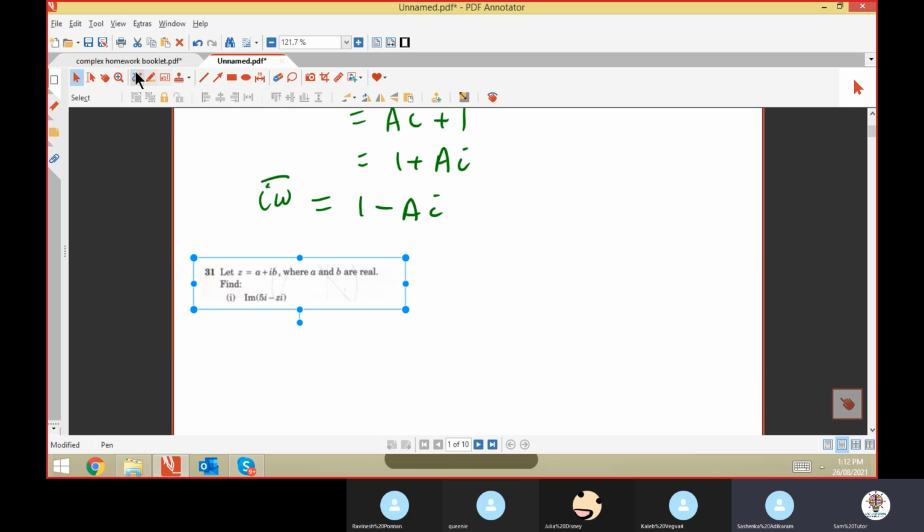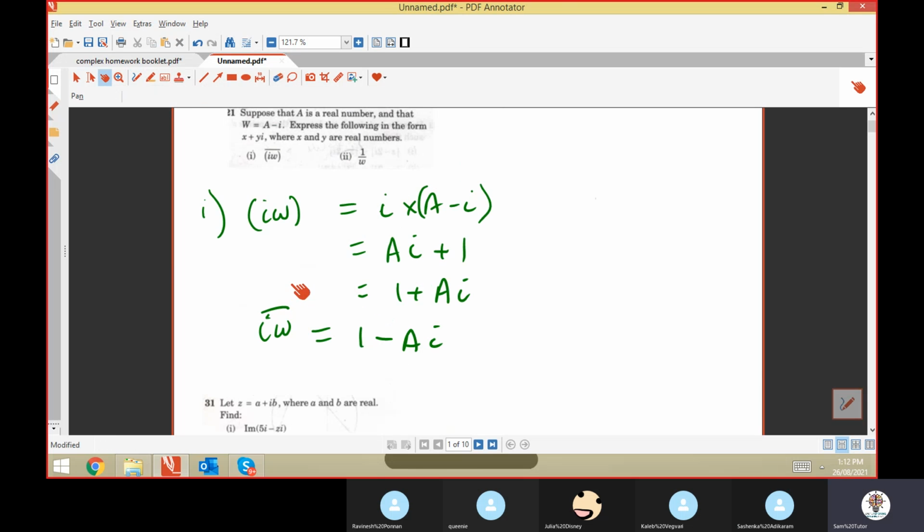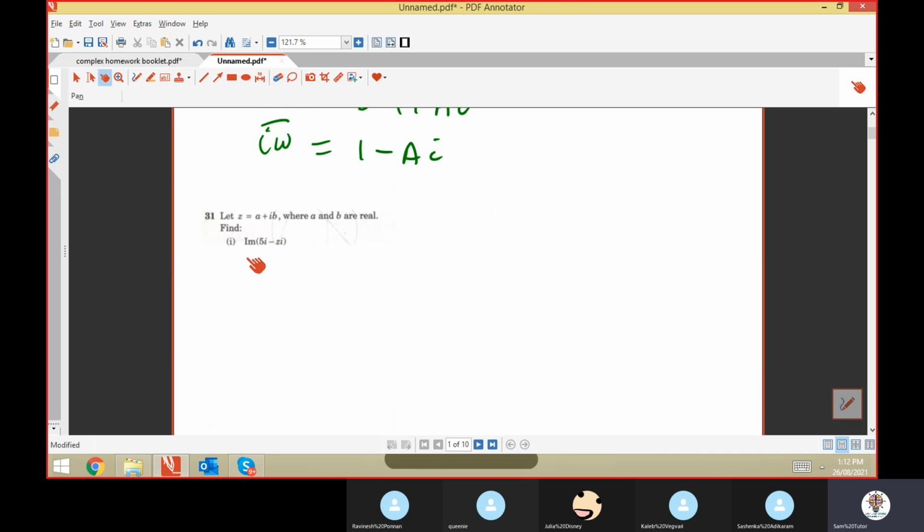Yeah, cool. So the one up here is just saying conjugate of i omega. So that's why you did this first and then you found the conjugate. This is asking for the imaginary part of, but you don't even have this yet.